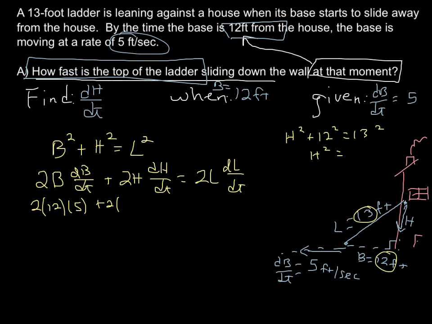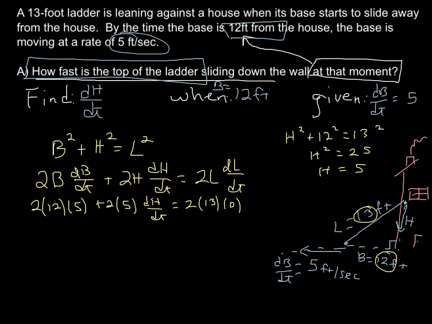And when you work all of that out, you're going to end up with h equals 5. So that would be 5 dH/dt. And we don't have that. That's what we're trying to find. Equals 2 times L, which is the length of the ladder, which is 13, times the rate of change of the ladder. But the ladder is not changing size. So its rate of change is 0, because it's staying a constant 13 feet.